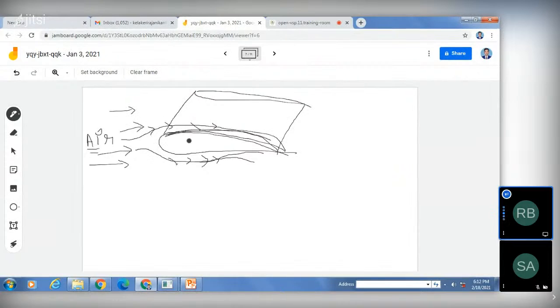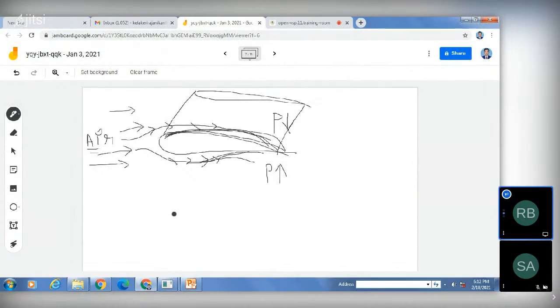Thus the air will move faster. Because of this, what will happen? The pressure will be less over the upper surface, and in the lower case, what will happen? Air will flow slowly. That's why pressure is high below the wing.